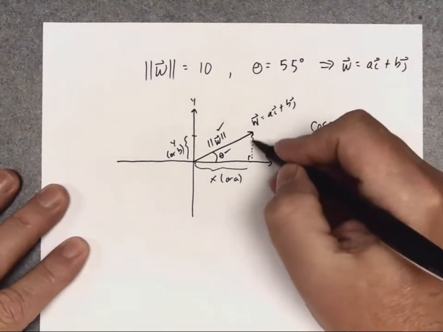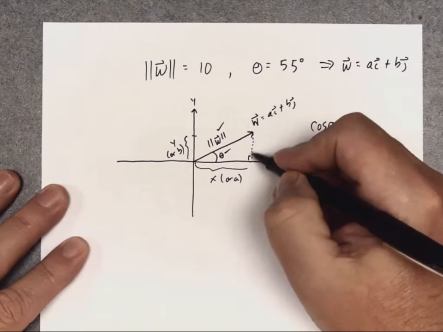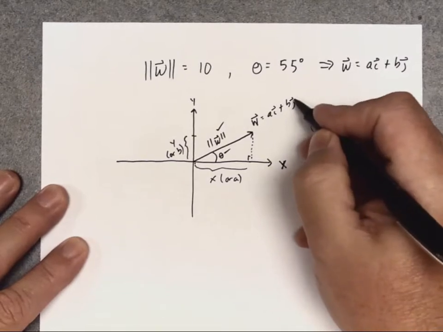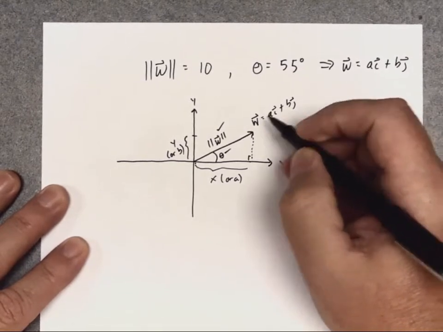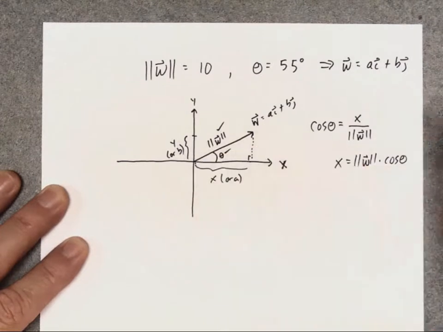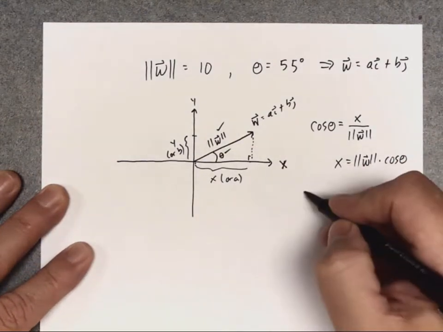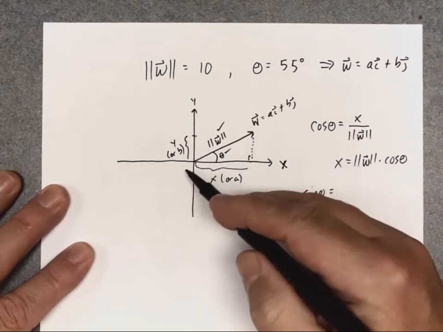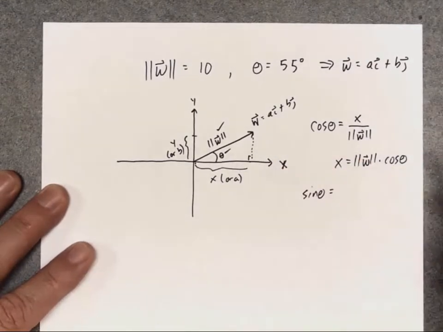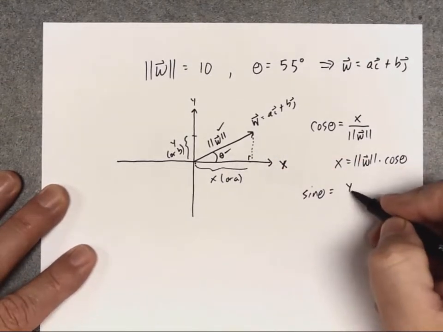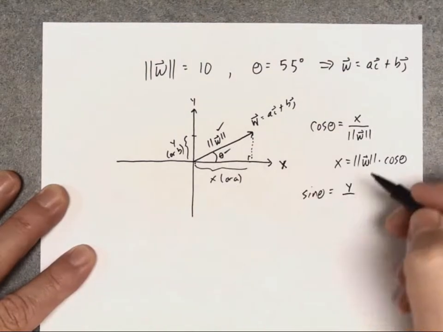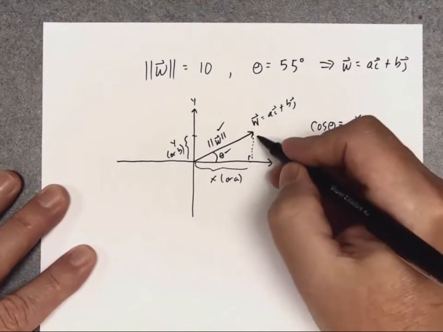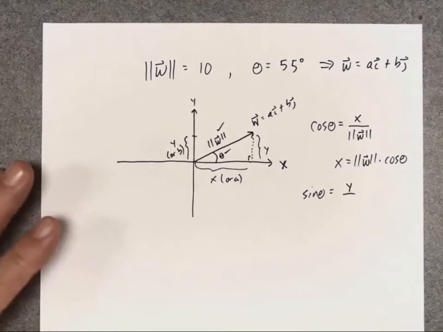Now I want to get this side over here. This is like the j part, or I'm going to call it y, or the b part of the vector. And if you think about it, the sine of theta is opposite over hypotenuse. Therefore this length y, that length right there, right?